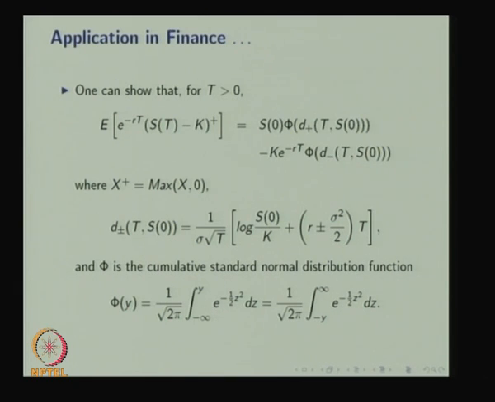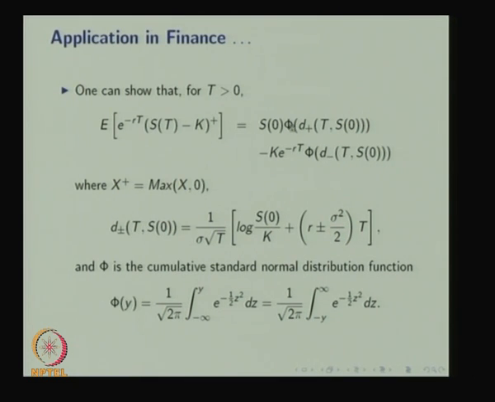the random variable (S(T) minus K) superscript plus, that means the maximum of x and 0, it will return the value 0 or whatever the x is for the maximum.